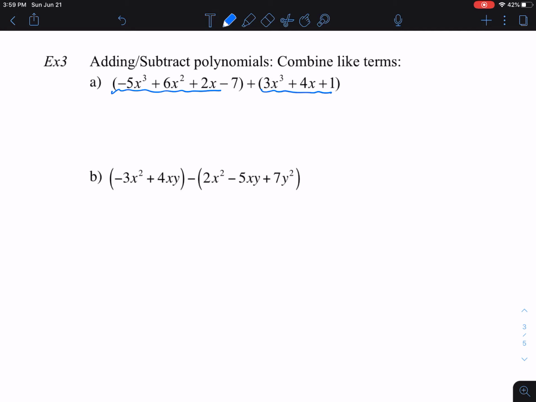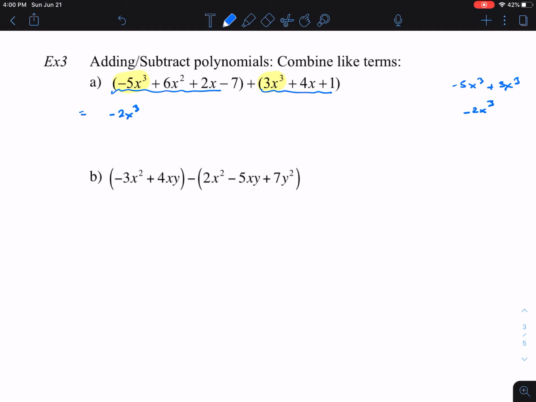The way we add and subtract these is just combining like terms, based on the variable and also the degree. This term and that term can be combined because both have a variable x and both have degree 3. So negative 5x to the third plus 3x to the third becomes negative 2x to the third.